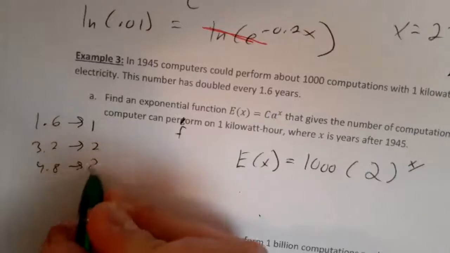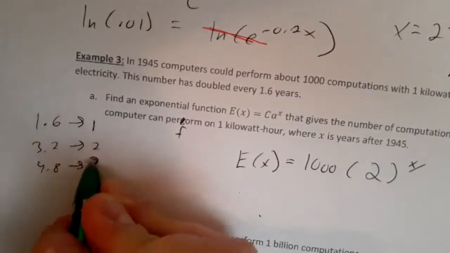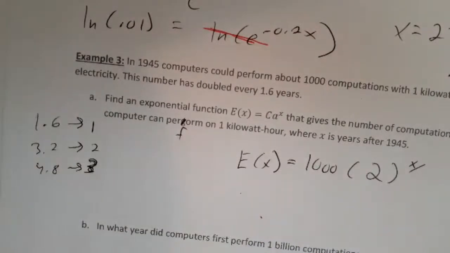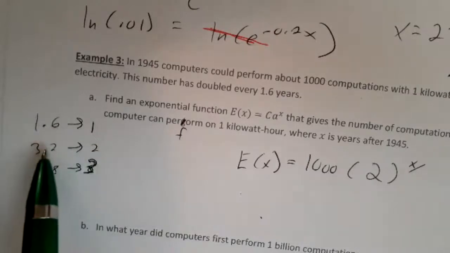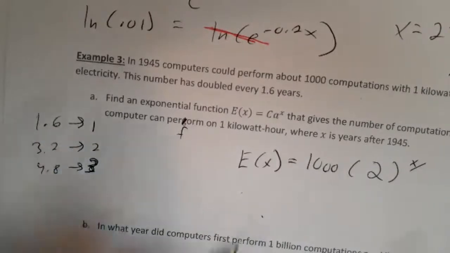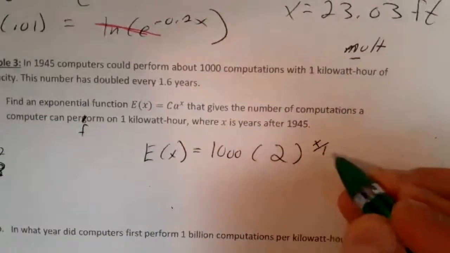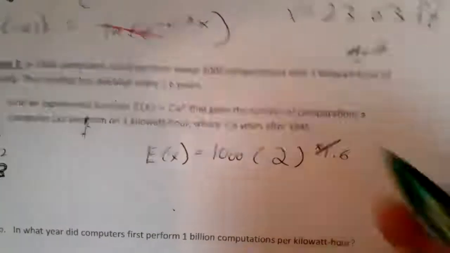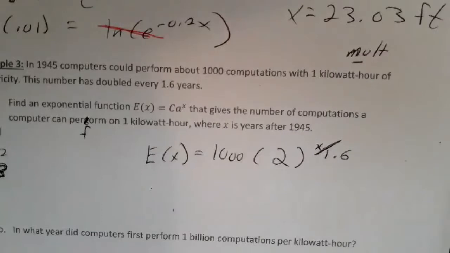And so how do we do this? This is division by the number 1.6. So if it's doubling every 1.6 years, what you do is you divide your exponent by 1.6.